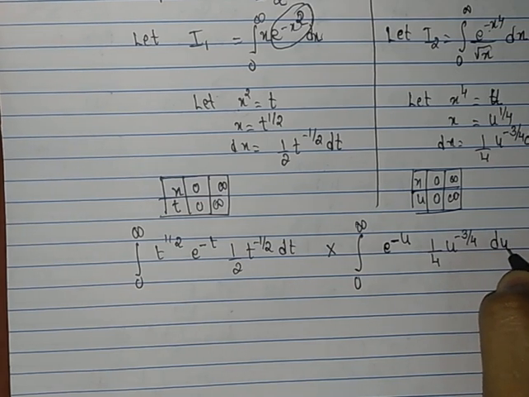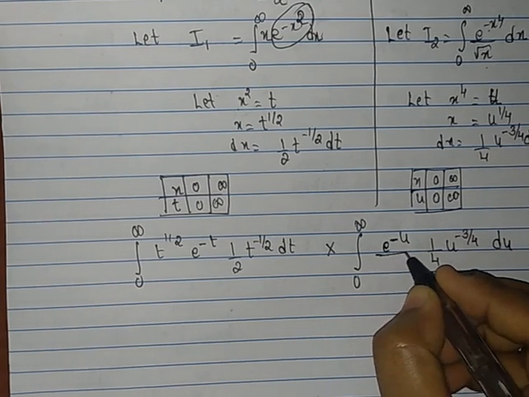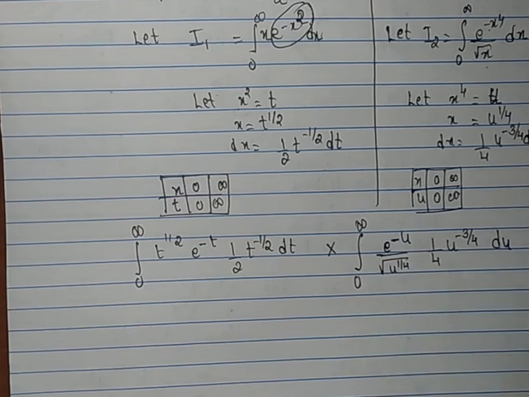Remember, there is a root x in the denominator. This root x can be written, with x as root u raised to 1 by 4.